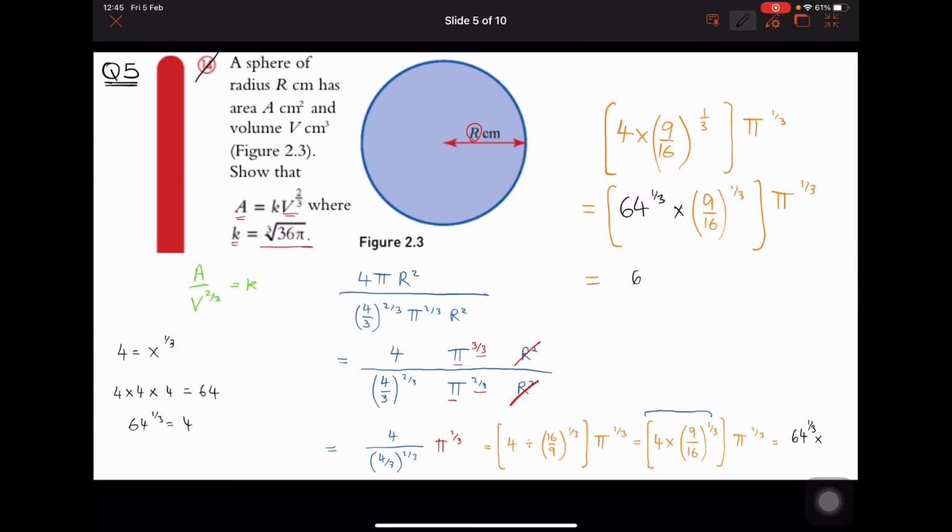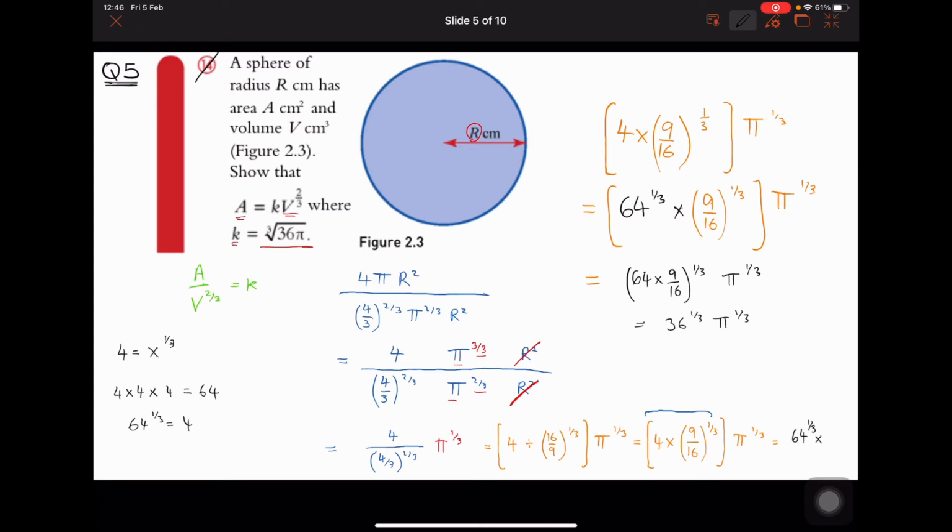So we have 64 multiplied by 9 over 16, to the 1 over 3, pi to the power of 1 over 3. So 64 over 16 is 4. 4 times 9 is 36. So I have 36 to the power of 1 over 3 pi to the power of 1 over 3.